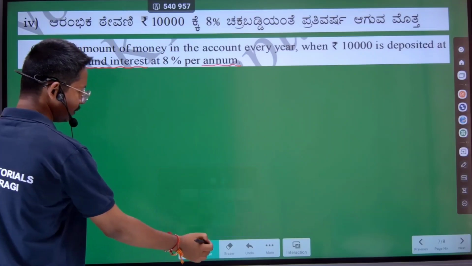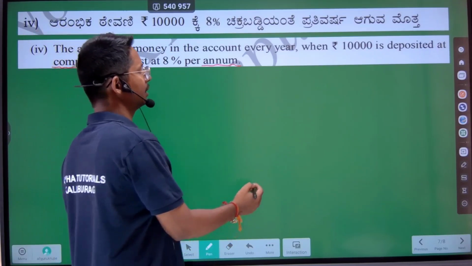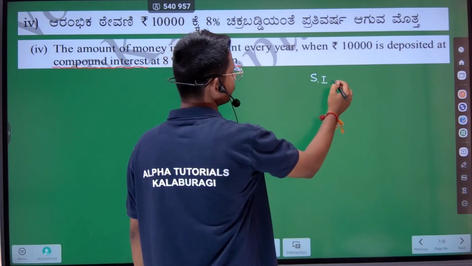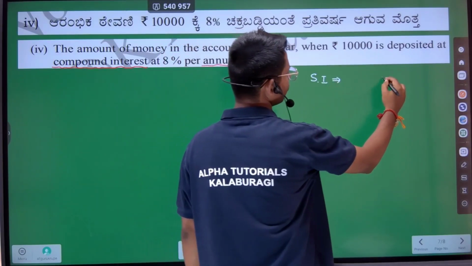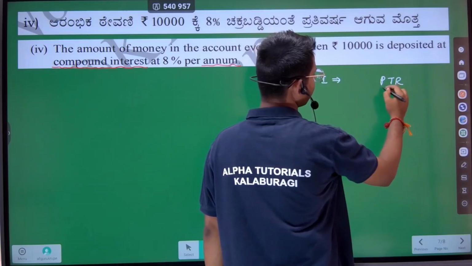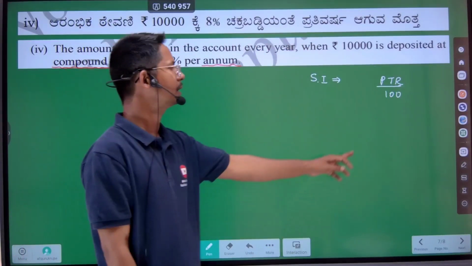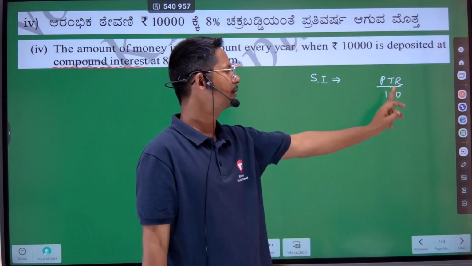Now can you tell me how you find simple interest? To find simple interest we make use of PTR by 100, isn't it? Principal, time, rate of interest and 100.